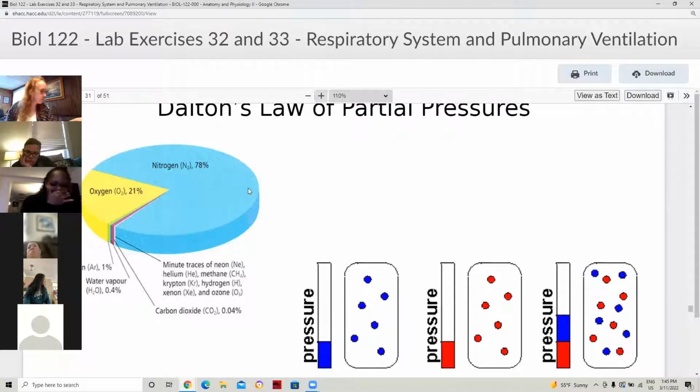So 78% of the air in our atmosphere is nitrogen. 21% is oxygen. 0.04% is carbon dioxide. 0.04% is water vapor, right?